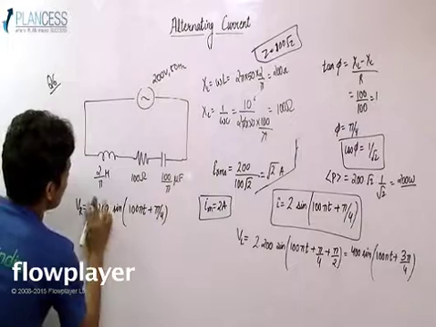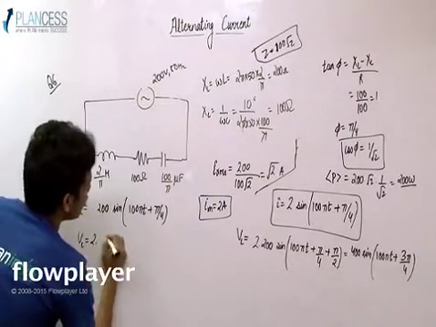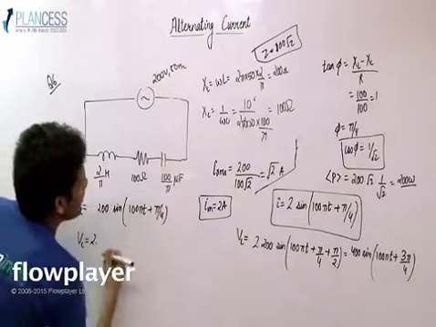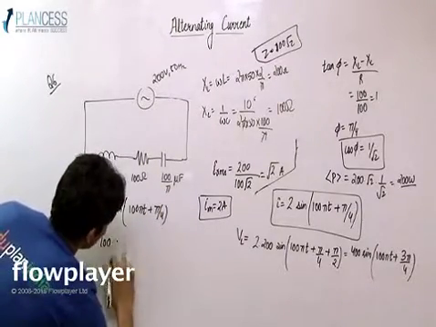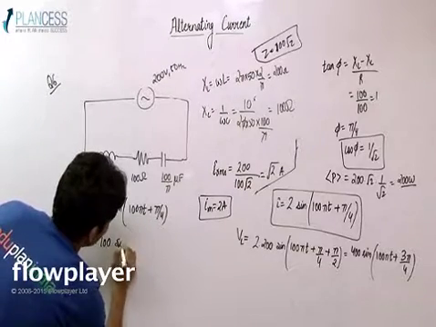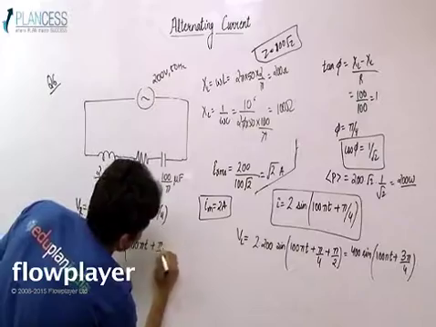This can be written as 200 sin(100πt + π/4). And if you want to write VC, I can say 2 into XC, that is 100, into sin(100πt + π/4).